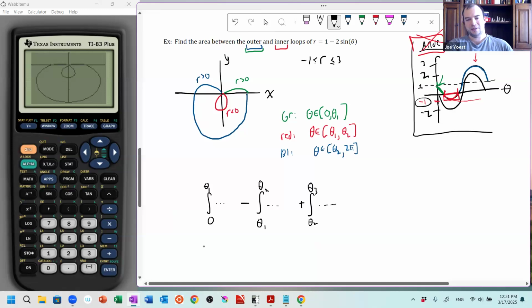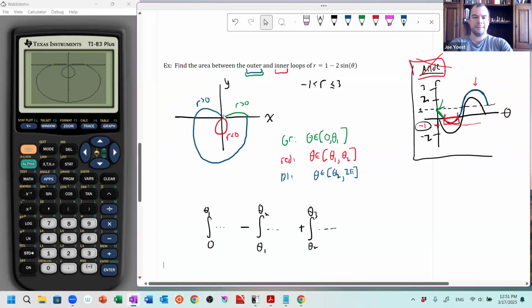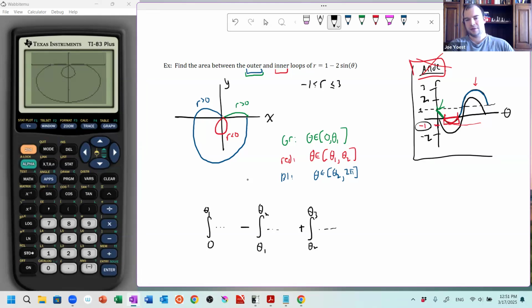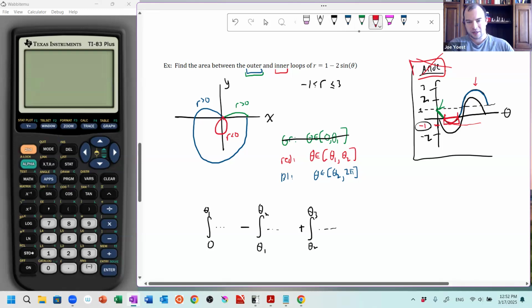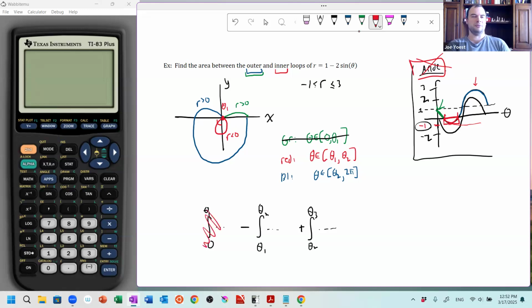I might make things a little bit simpler by, instead of going from 0 to 2 pi, starting at theta 1. I could start here and go around my red loop. That's the integral from theta 1 to theta 2. That's the red area. I could bring that area in with a negative, and then to that I could add going all the way around and back to the beginning of the red loop.